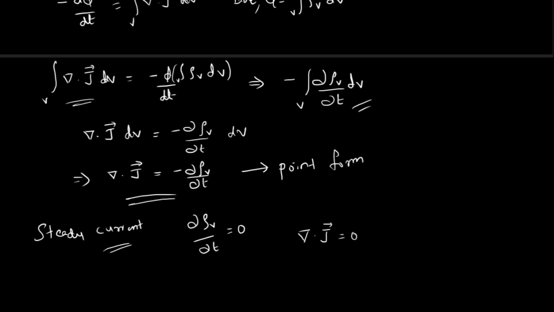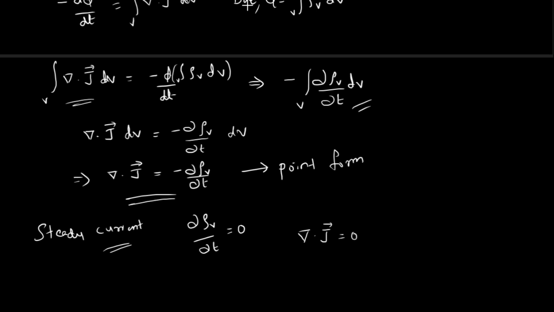So I hope the concept of obtaining the continuity equation is very clear. Always keep in mind that the continuity equation is directly lifted from the principle of conservation of charge, and you should remember the integral form as well as the point or differential form of the continuity equation.